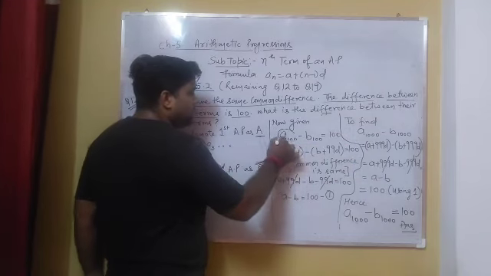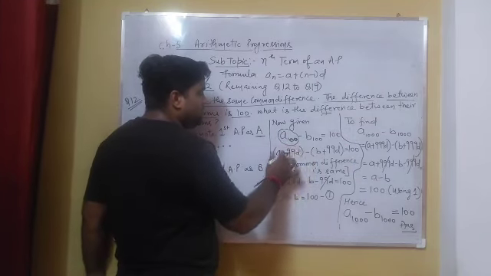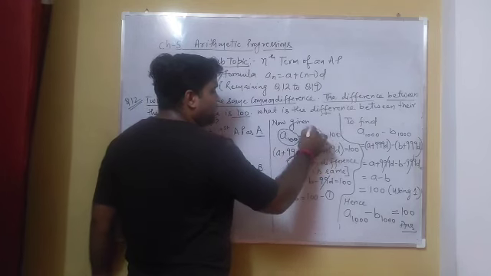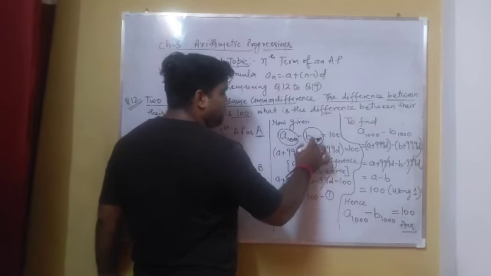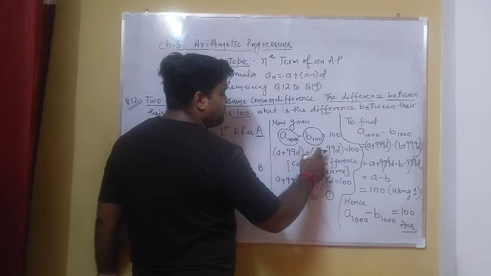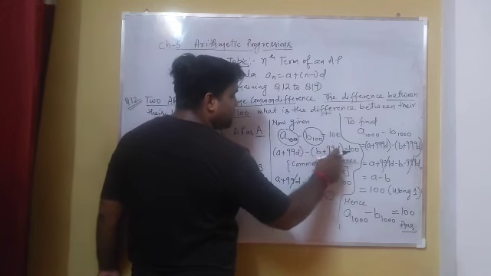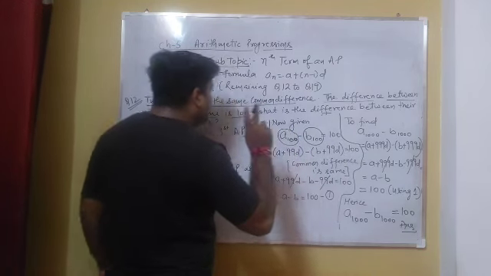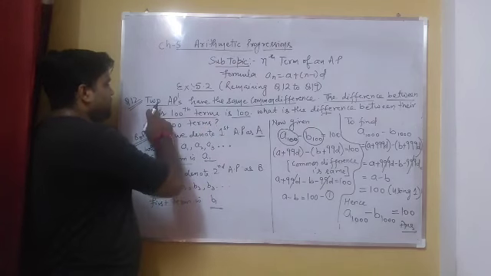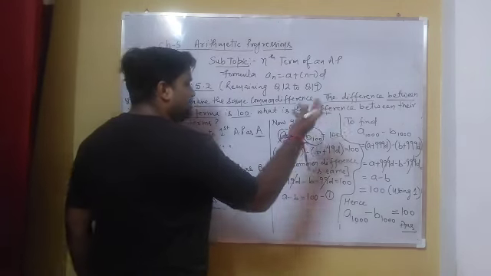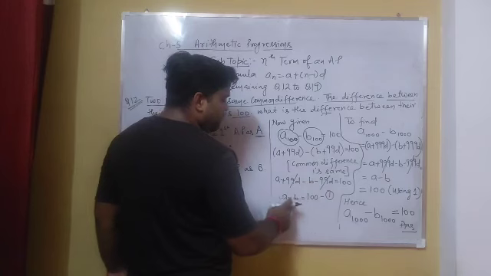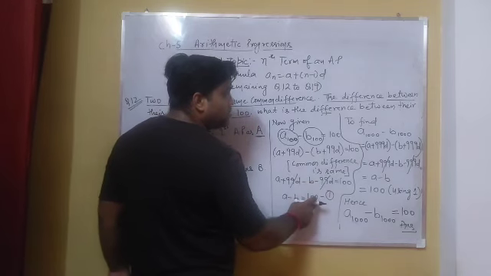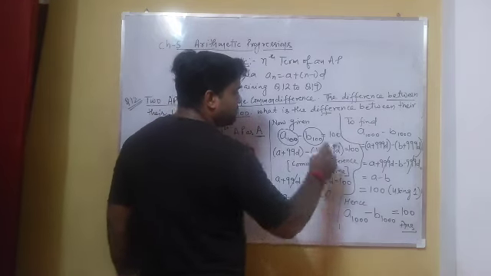Now we can write the 100th term as a plus 99d. Similarly, we can write b_100, which is the 100th term of the second AP, as b plus 99d. Here d is the same in both APs, as it is given that the two APs have the same common difference. So on solving, we get the relation a minus b equal to 100, and we consider it as the first equation.